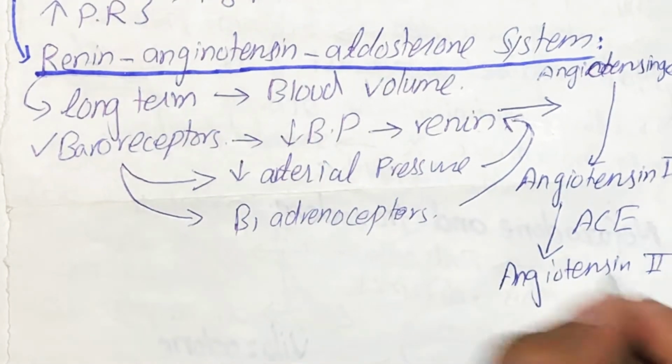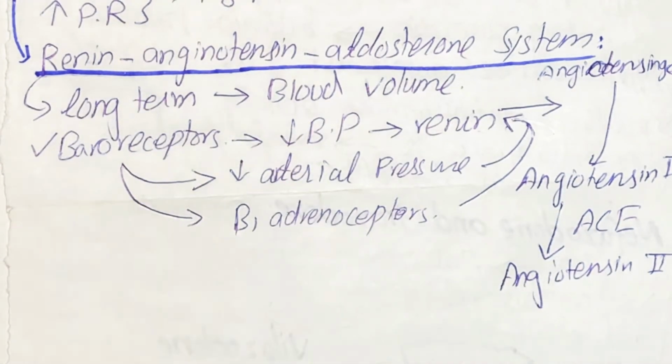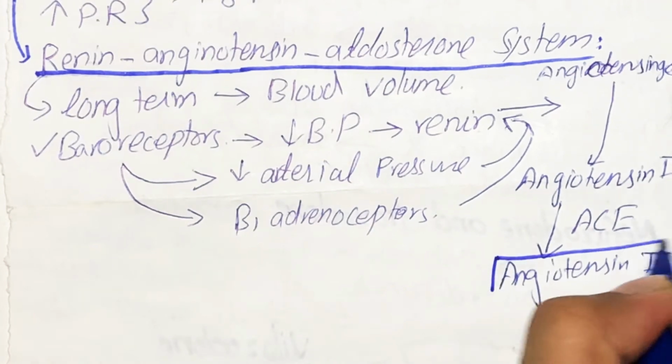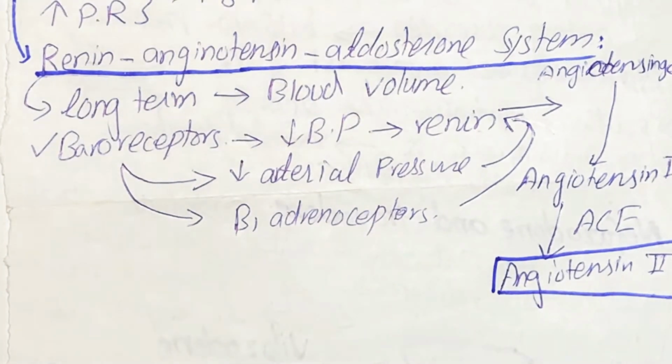And now this angiotensin II is a very potent vasoconstrictor. So what it will do now is cause the constriction of vessels.